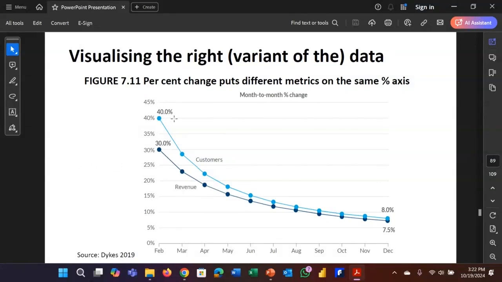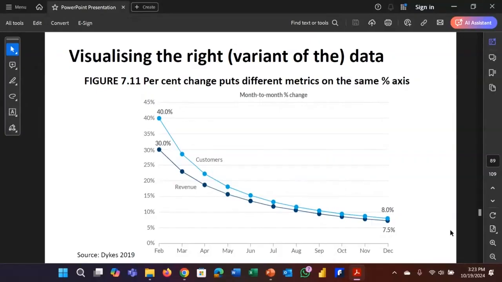Or unless you say no, 10% in customers should only result in a 2% revenue increase. So there's no detail, no definition. So then it's up to you to think. So when you have a 7.5% increase in revenue and you got an 8% increase in customers, maybe you extend further, the next one is maybe 7% or 6.5%.